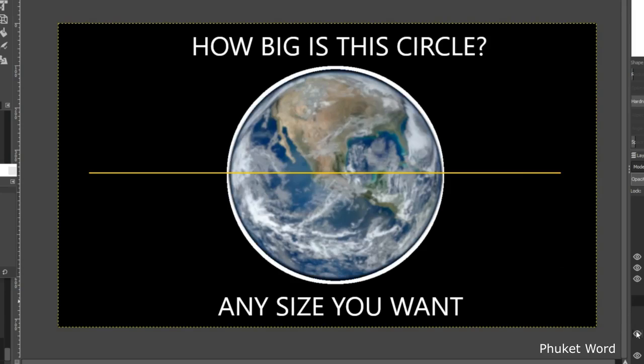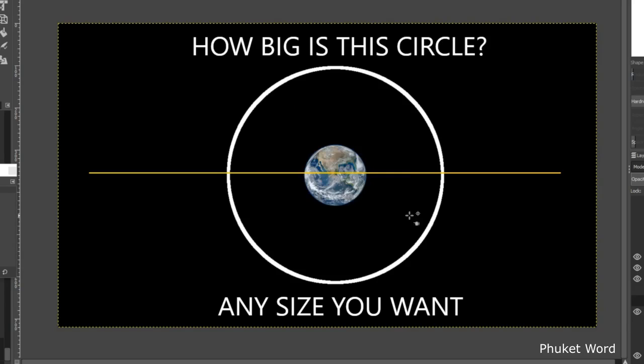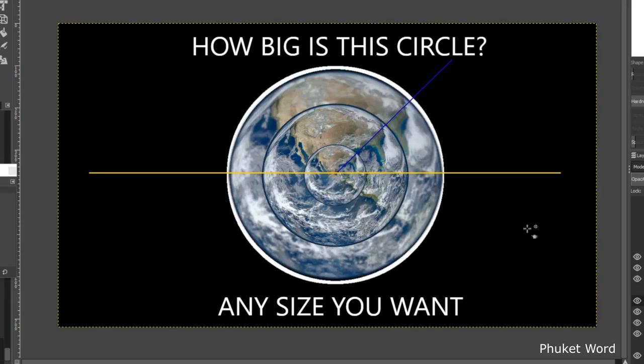We can have the globe taking up this entire circle here, or we can make it even smaller, and we can make it smaller still. But one thing that will never change is the angles that are used when referencing the Earth like this. For example, if we put an angle here of 45 degrees and then we increase the size of the Earth, the actual size that we're talking about makes no difference to the angles.